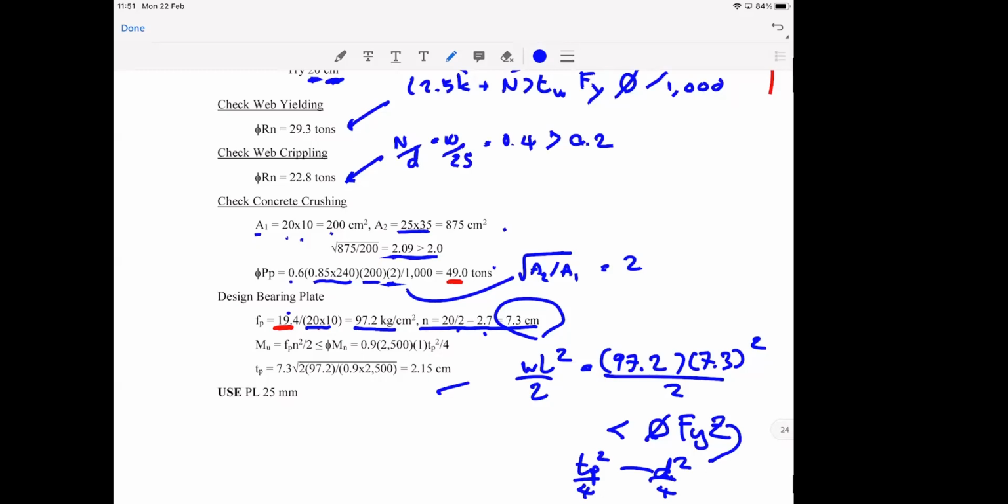And again, this kind of thickness should not be available anywhere, and generally the plate available in the market is in the increment of 3 millimeters. Increment of 3.